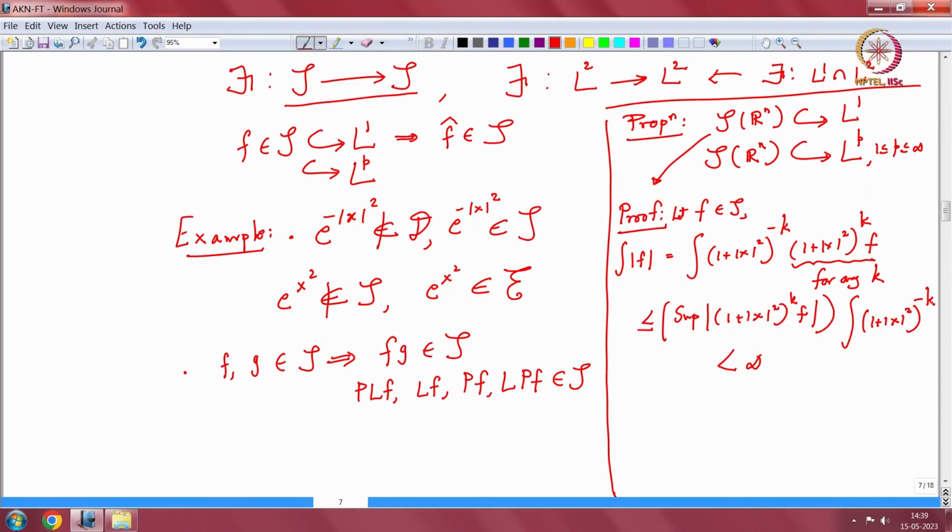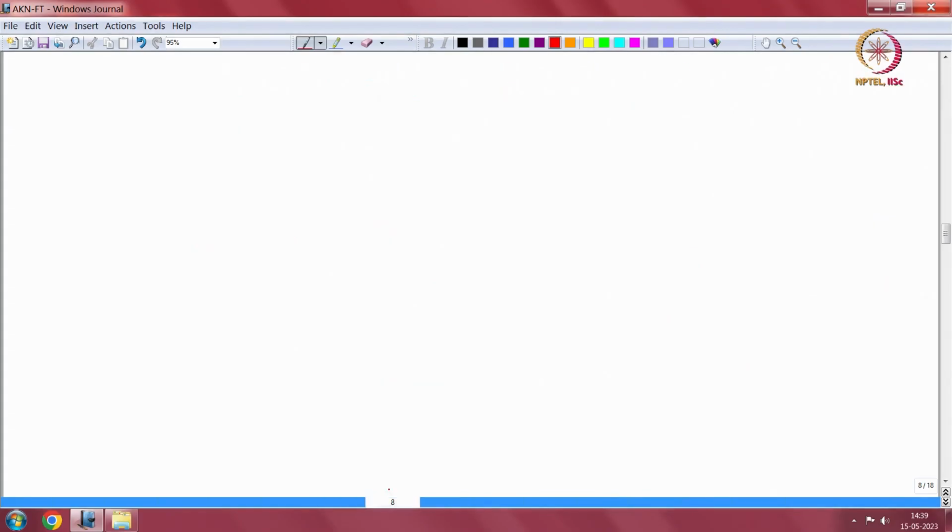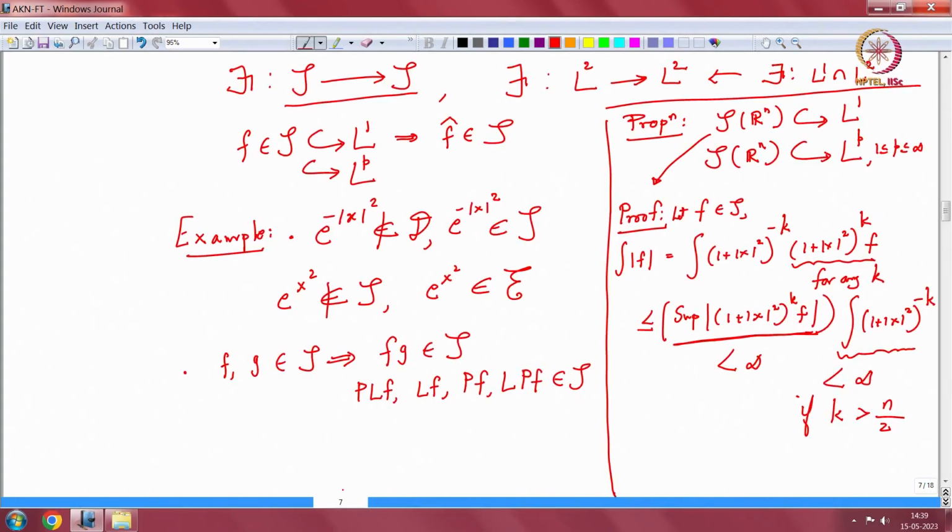But this quantity is finite if k is greater than n by 2. So, you can choose some k greater than n by 2, because the other portion is finite for any k since f is in zeta. So, a similar trick can be used to prove the rest.